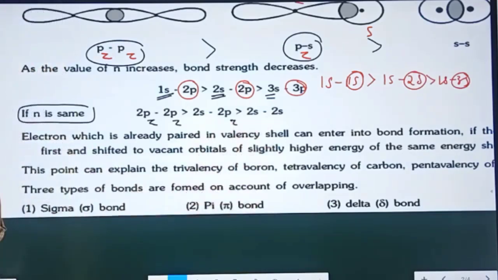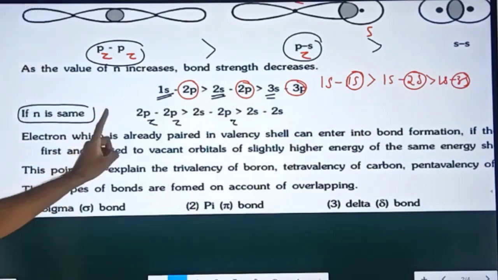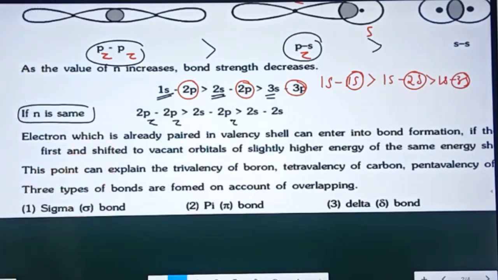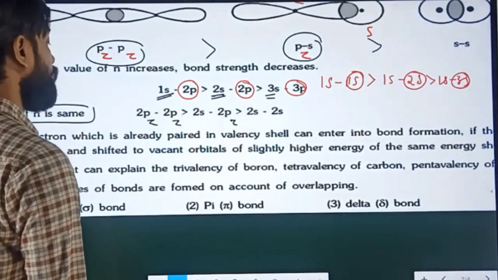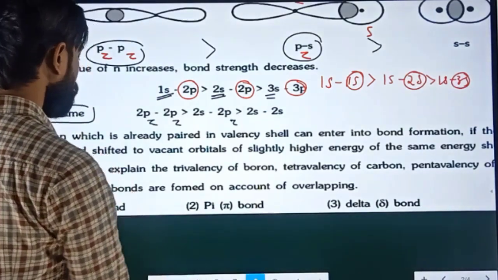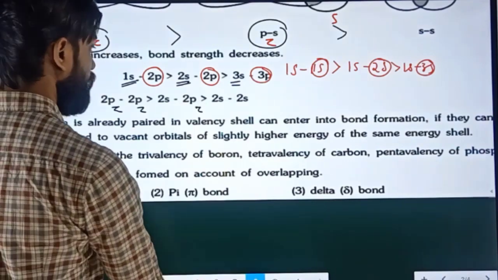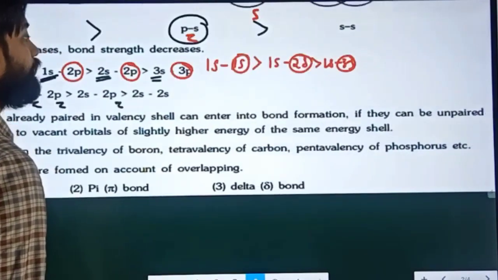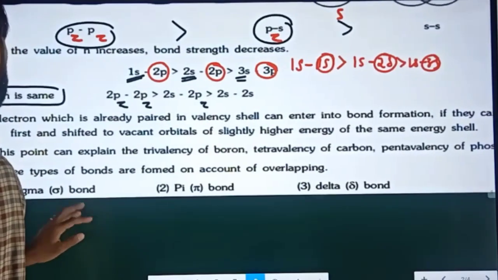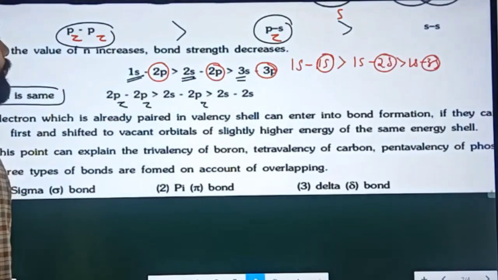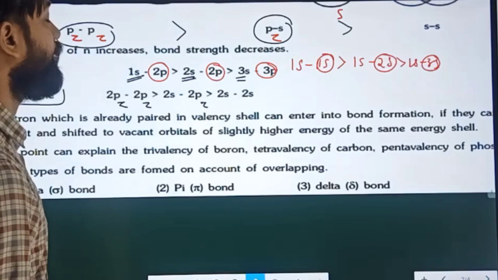And the last few points. An electron which is already paired in the valence shell can enter into bond formation if it can be unpaired first and shifted to a vacant orbital of slightly higher energy.